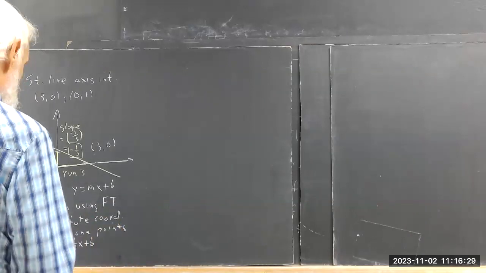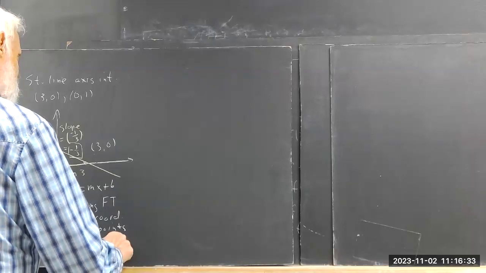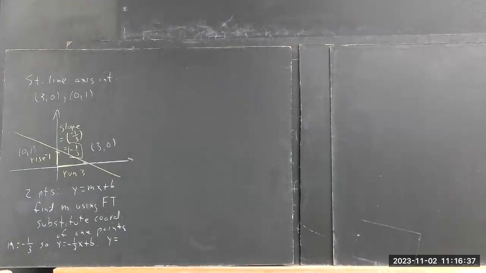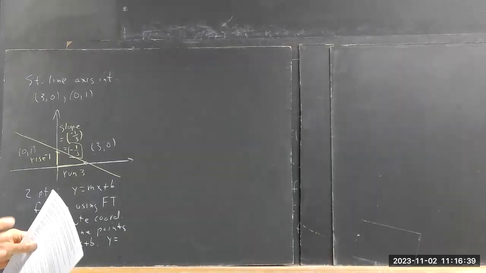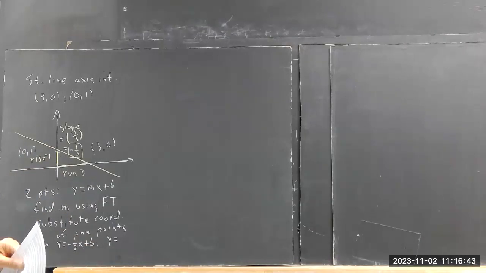So we substitute. I'm trying to minimize the board space I'm using because I might want to refer to some of these when we get into the 161 class. So if you want to move closer, if you're having trouble seeing it, you're welcome to do that.